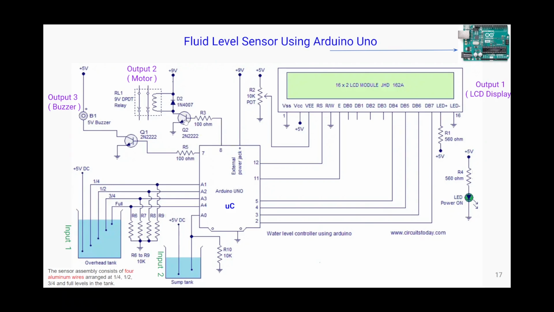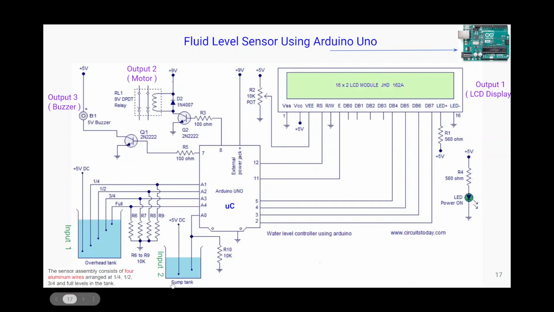Making this pin high will turn on this transistor. Turning on the transistor means we are turning on the motor, which will take the water from underground, and using the piping system, pour water inside this particular tank.